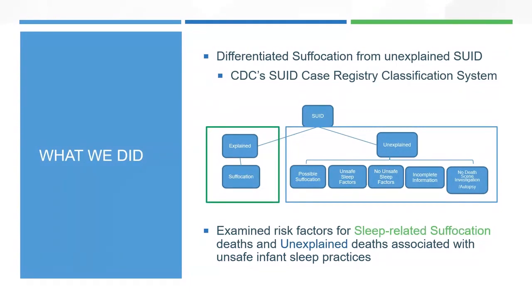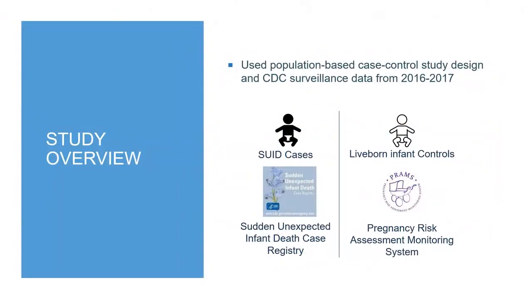And then we examined risk factors for sleep-related suffocation and unexplained infant deaths independently of one another. To accomplish this, we conducted a population-based case control study using infants born during 2016 and 2017. The cases, again, were from the case registry, and then we had live-born infant controls from CDC's Pregnancy Risk Assessment Monitoring System, also known as PRAMS.